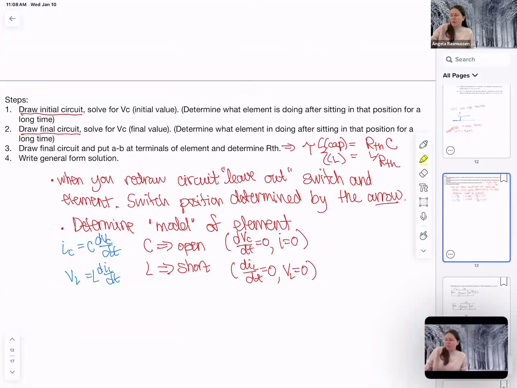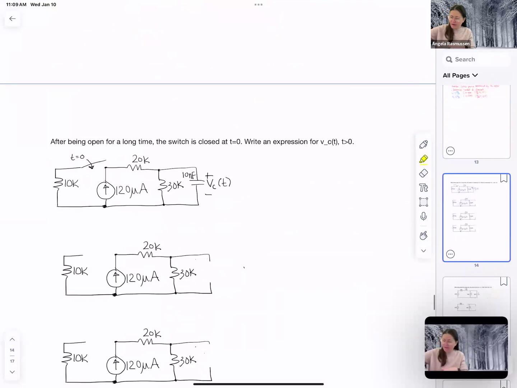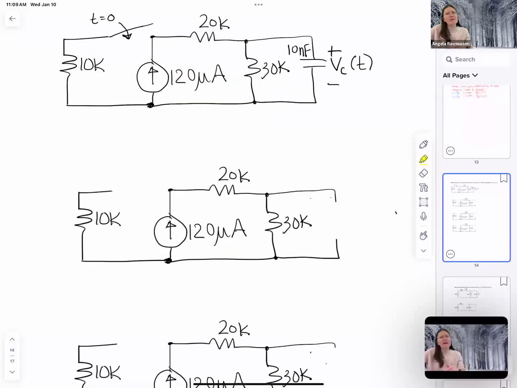You're going to redraw it leaving out the switch and leaving out the element. Draw every other circuit element around it, and then determine what the switch is doing and what the element is doing. Okay. So in this case, this would be the redrawing.